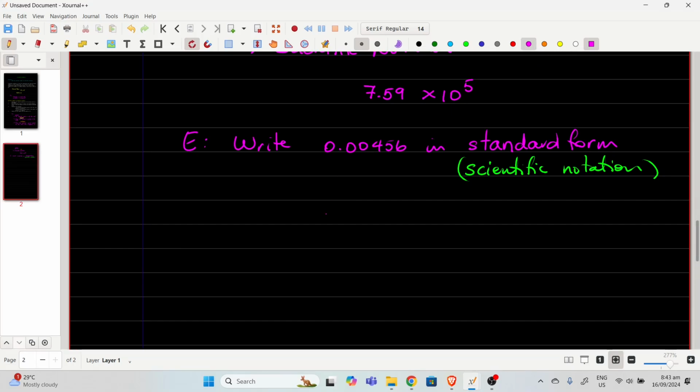So writing the solution to this, we have 0.00456. We're counting 1, 2, 3 decimal places to the right, so that means it's negative, and therefore this would be equivalent to 4.56 after the decimal point is moved, times 10 to the power of negative 3.